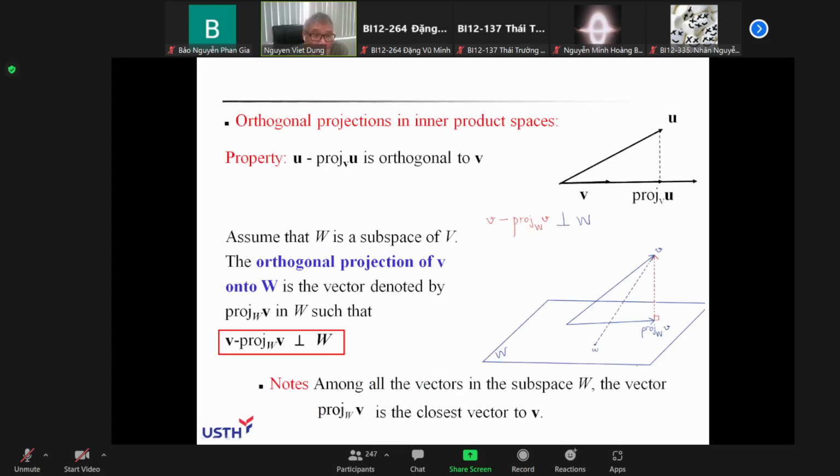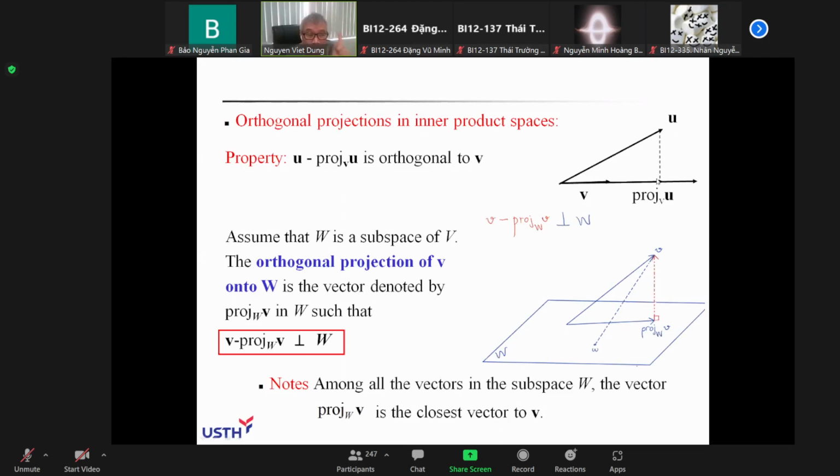Then I define the orthogonal projection of a vector V onto any subspace W. Previously we already defined the orthogonal projection of a vector U onto a non-zero vector V. It is here.